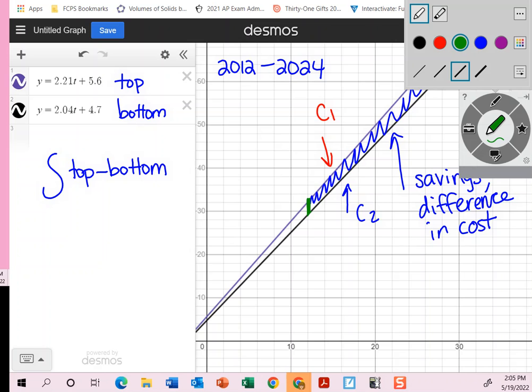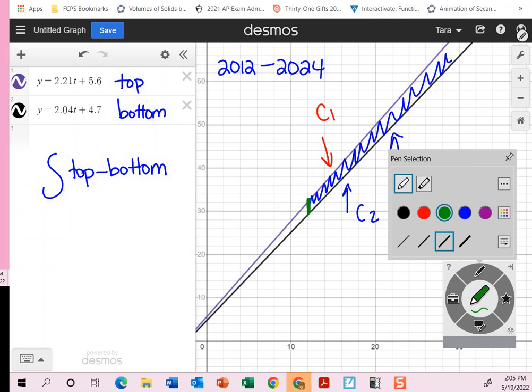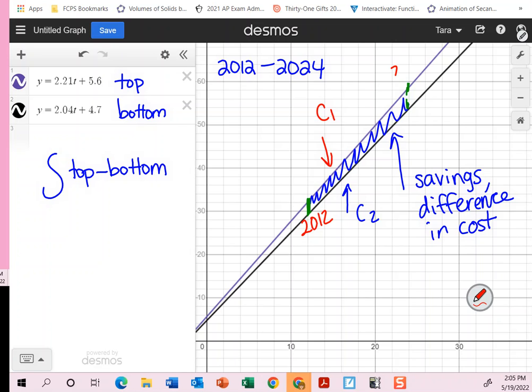So 2012 and then 2024 would be kind of like right there. 2024, so not this part. Since 12 to 24, because that is the nature of the model. The T in the model is being represented by a 2-digit number, where 2012 is represented with 12, and so on.